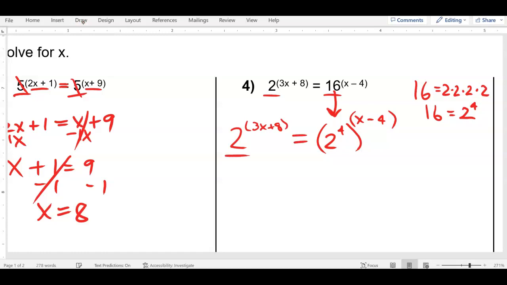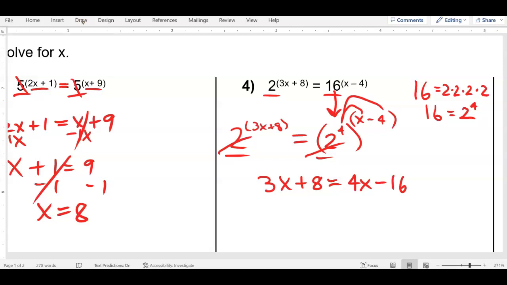So now I've got the same base. The one thing I notice is that I have a power to another power, so I have to distribute this. So these bases are going to cancel out. I have 3x plus 8 equals 4 times x is 4x, and 4 times negative 4 is negative 16.